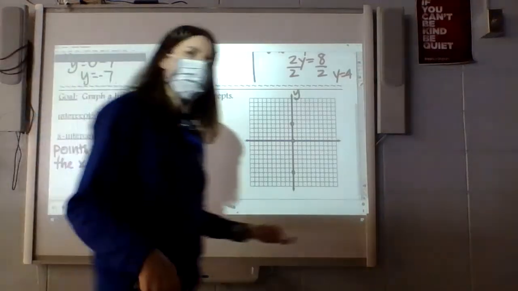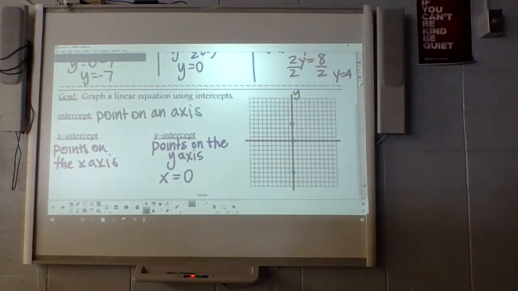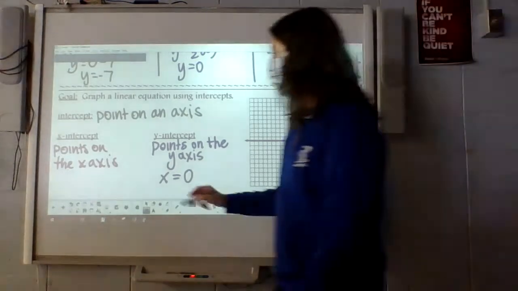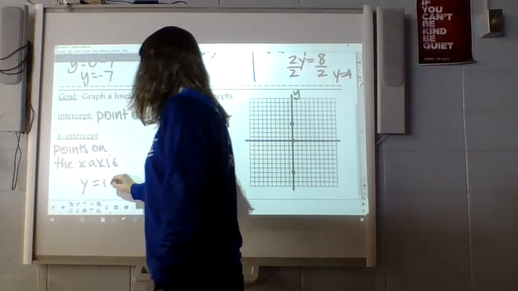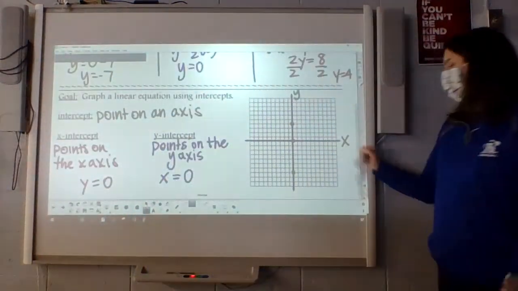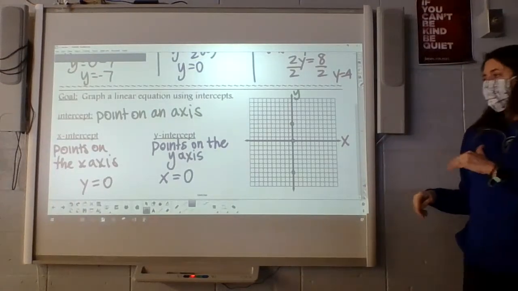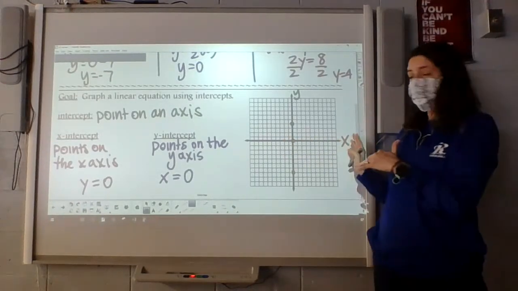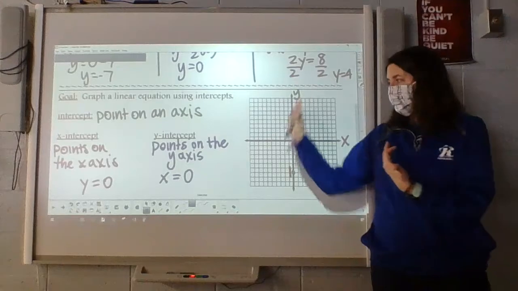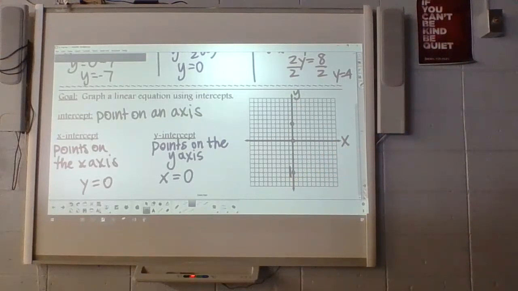And what are you going to know about those? Yep, in this case, y is going to equal 0. So any of the points on the x-axis are called x-intercepts, where y equals 0, while the ones on the y-axis are where x equals 0.